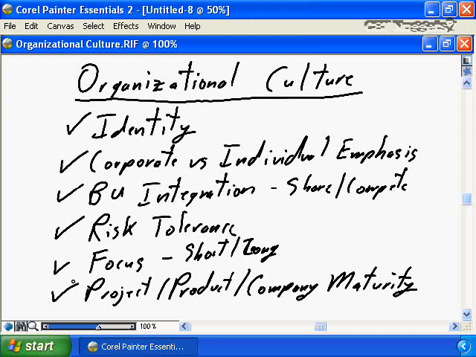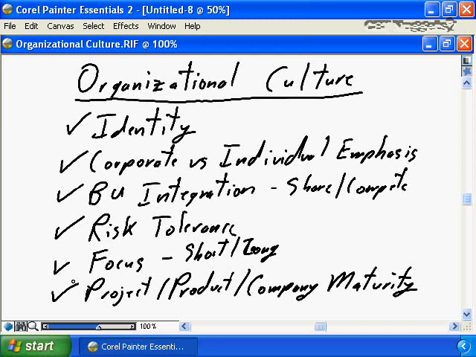What's the product maturity that you're developing your project for? Is the product in the initiating stage of its life cycle, in the growth stage, in the maturity stage, or in the decline stage? There's going to be more money available, more risk interest in products that are in the initiating and growth stages than are in the maturity and decline stages.